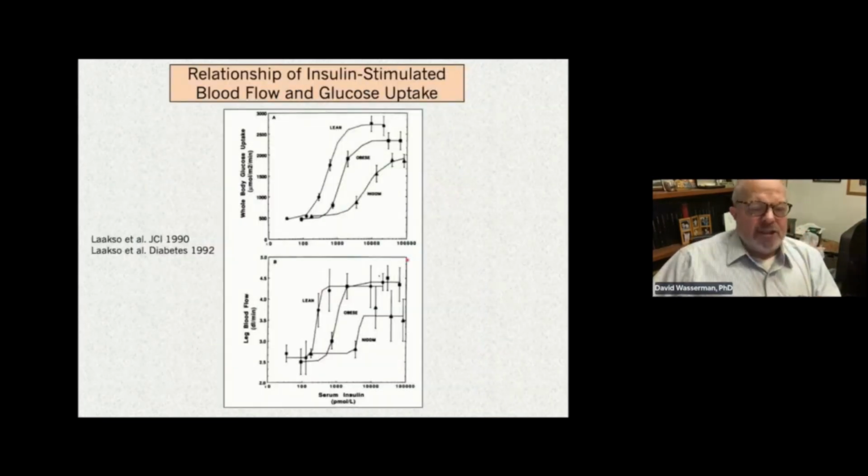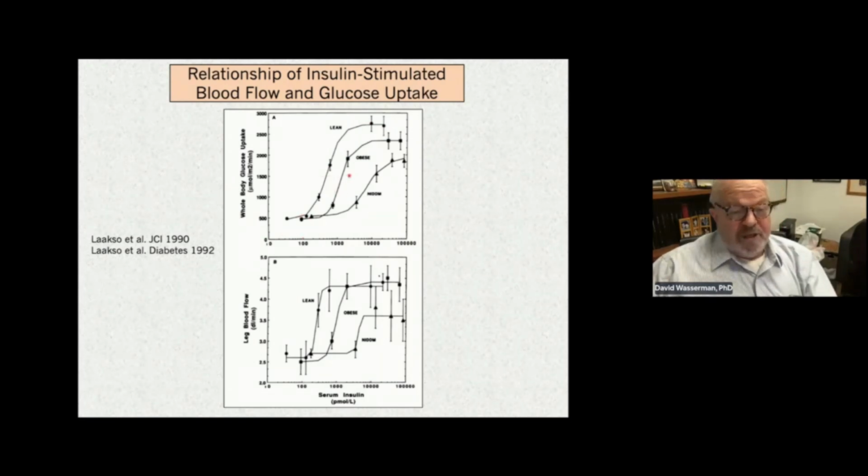This slide shows insulin, of course, is the major hormone that stimulates glucose uptake in skeletal muscle and some other tissues. This is an old study by Mark Laakso and Alain Baron that looked at the insulin dose-response relationship of whole body glucose uptake and then leg blood flow. Now, as you can see, there's a dose-response relationship between whole body glucose uptake and insulin.